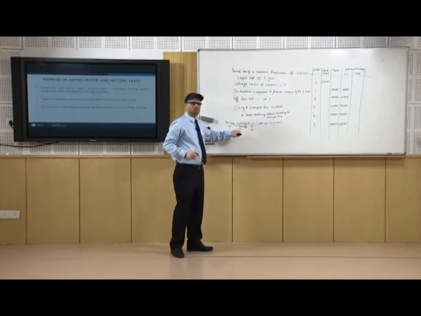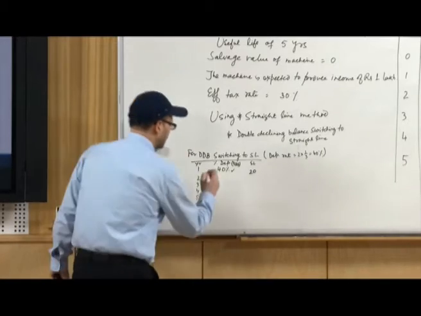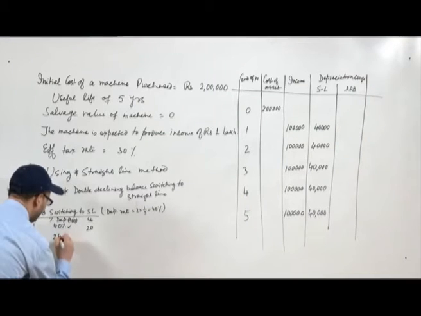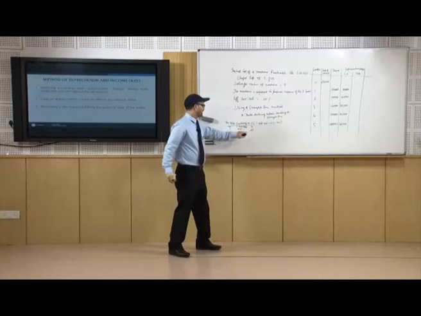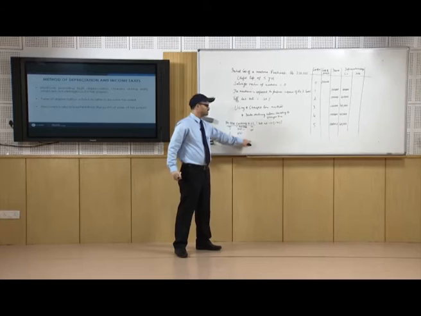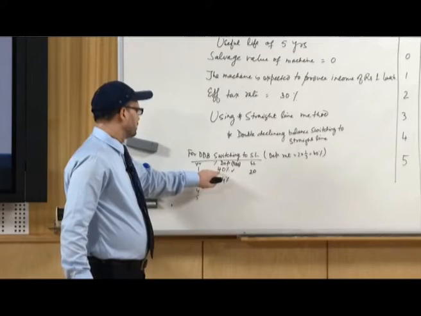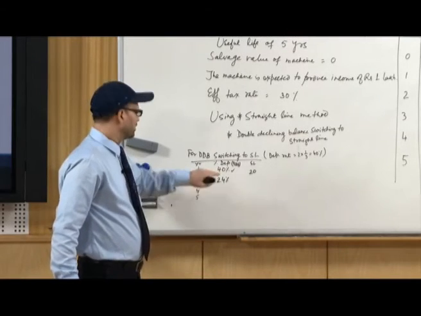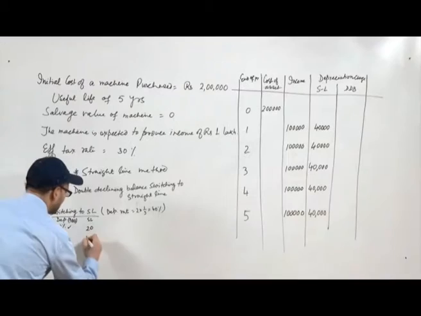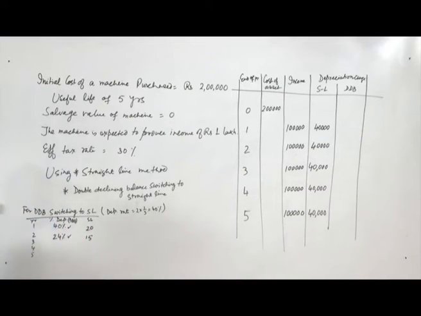You have a book value of 60, so in the second year you have 24%, and you have 4 years left. So, 60 by 4, that is 15%. So, still DDB is taken.